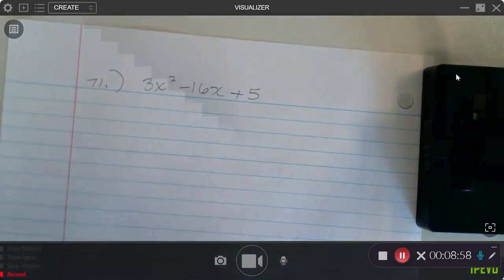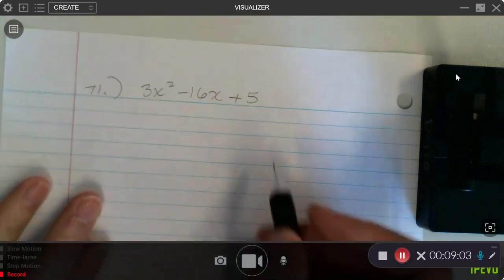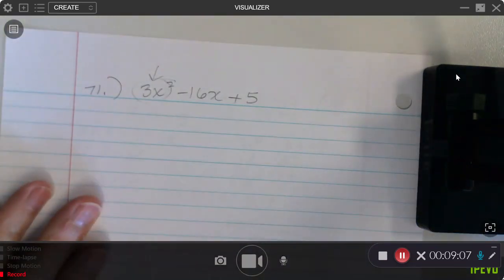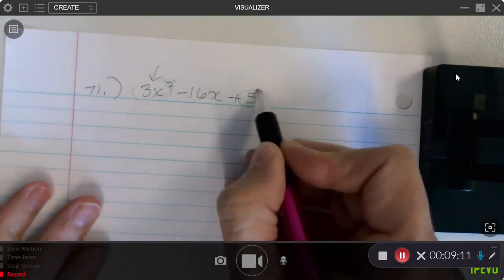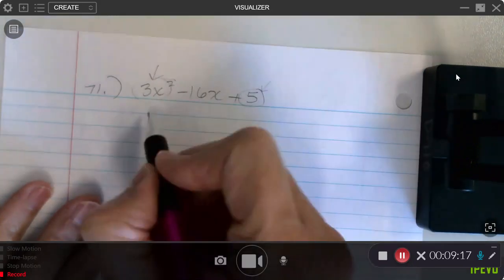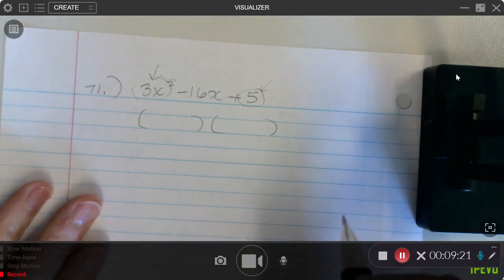The reason I think this one has turned out to be easier than the one before is because this is a prime number. What are the only two things that multiply to give me 3? And this is also a prime number. What are the only two numbers that multiply to give me 5? 1 and 5. This is a perfect one for you to go, I'm going to try trial and error.